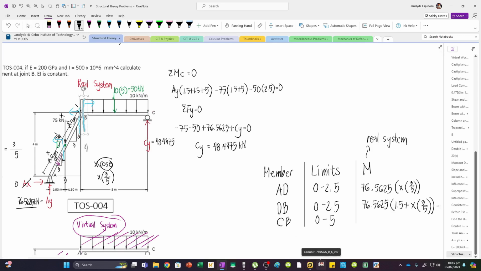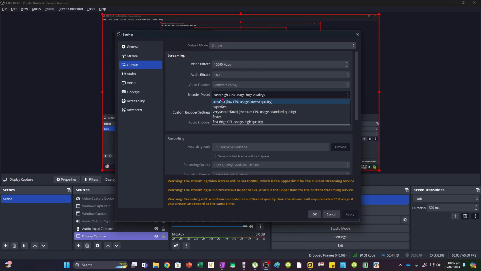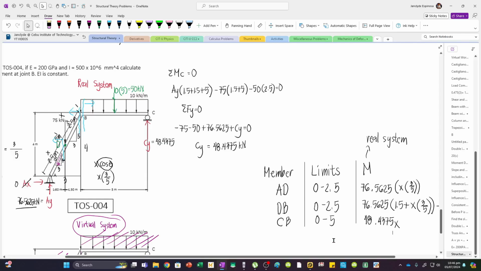So, 48.4375 multiplied by X. I'll just change the quality in the settings. It was set to fast. Medium. So, 48.4375X for this load, and then for the distributed load, we can define this as X. Again, X is always measured parallel to the member.